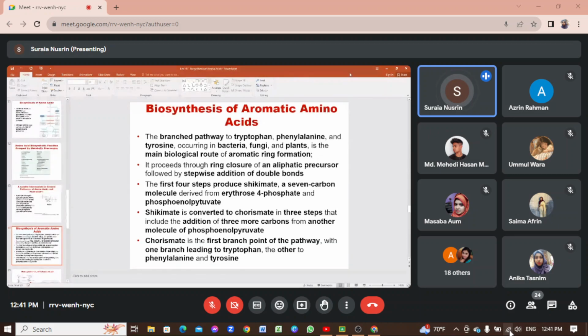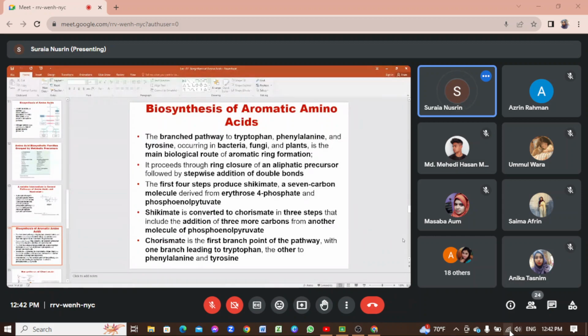Now we are going to briefly look at the biosynthesis pathway of aromatic amino acids. We know that we humans, or mammals, are unable to synthesize aromatic amino acids. They only occur in bacteria, fungi, and plants, because they are the essential ones, and they have the ring structure. There are three aromatic amino acids: tryptophan, phenylalanine, and tyrosine.